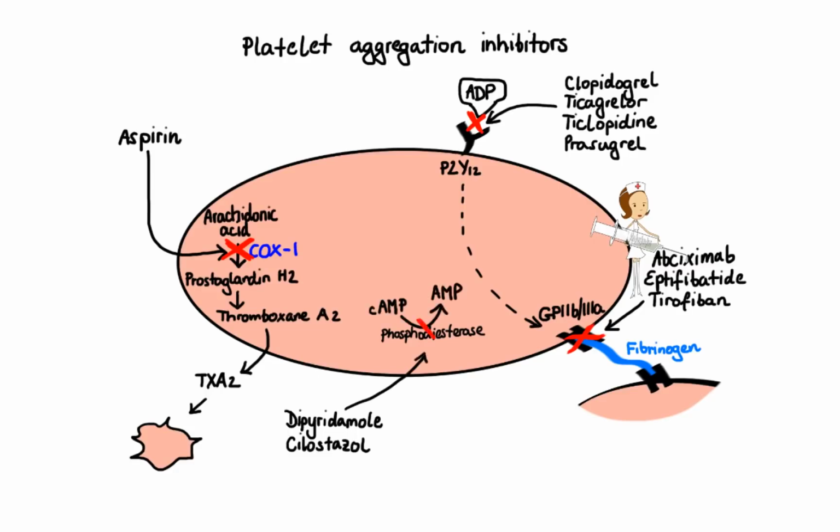So by blocking this enzyme, dipyridamole and cilostazol increase intracellular levels of cyclic AMP, which in turn leads to a decrease in intracellular calcium and ultimately inhibition of platelet activation. Furthermore, these agents inhibit phosphodiesterase in the vascular wall as well as uptake of adenosine, which promotes vasodilation. For that reason, cilostazol in particular is often used to treat symptoms of peripheral artery disease, such as narrowing of vessels that supply blood to the legs.